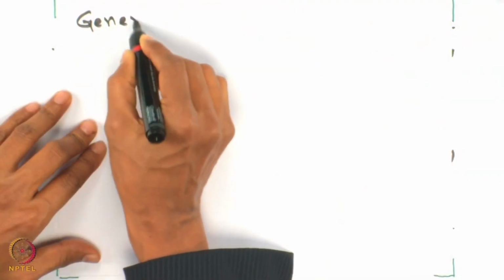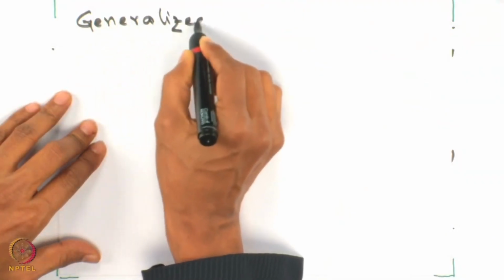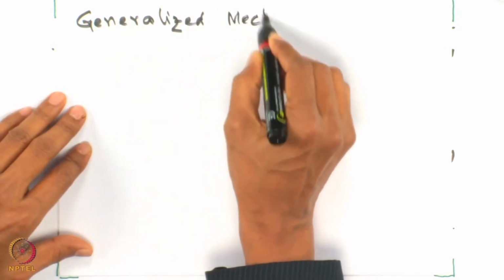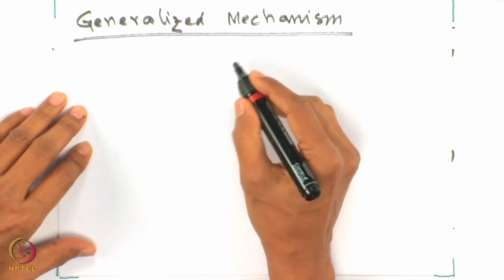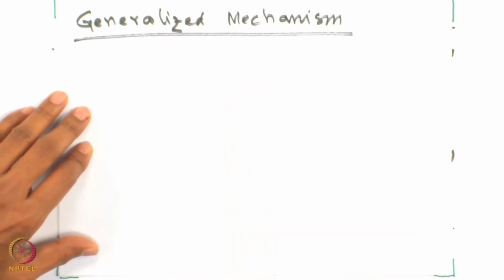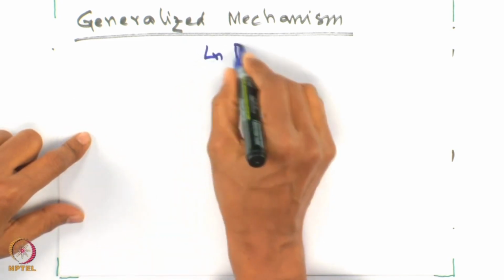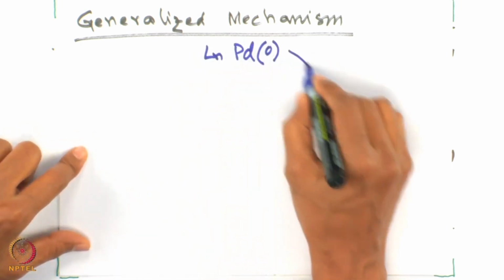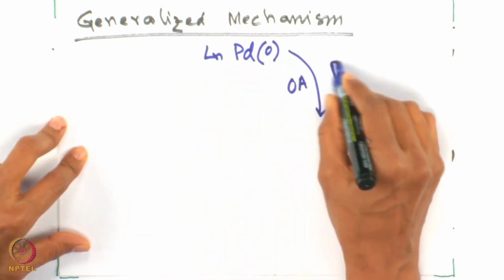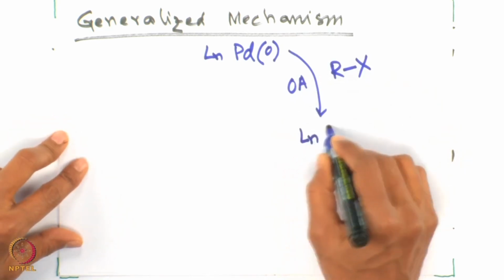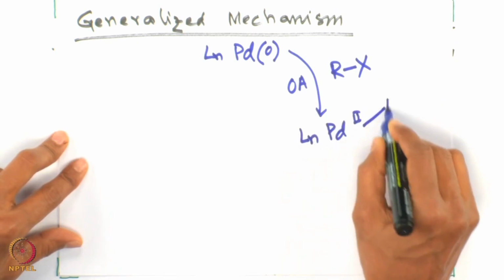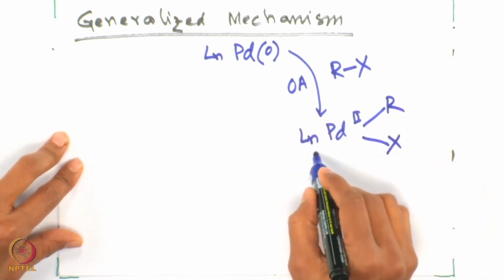Generalized mechanism. For this purpose, we will have a palladium reagent. As I was saying, it is not necessary to use palladium, but we will use palladium for a general mechanism. The first step is oxidative addition with RX to give a ligand palladium intermediate, LnPd(R)(X), where R and X are attached to it.